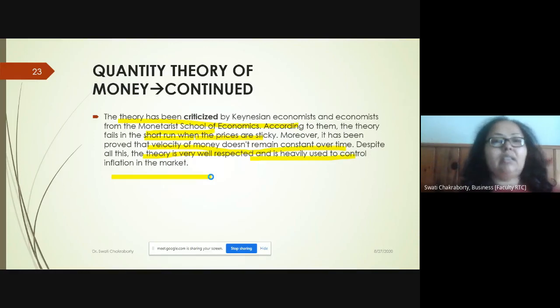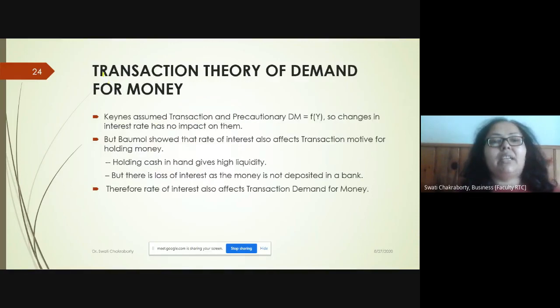Okay, the third topic that we have today is the transaction theory of demand for money. Now, Keynes had assumed that transaction and precautionary demand for money depends on income, so changes in interest rate have no impact on them. But Baumol said that the rate of interest also affects the transactions motive for holding money.